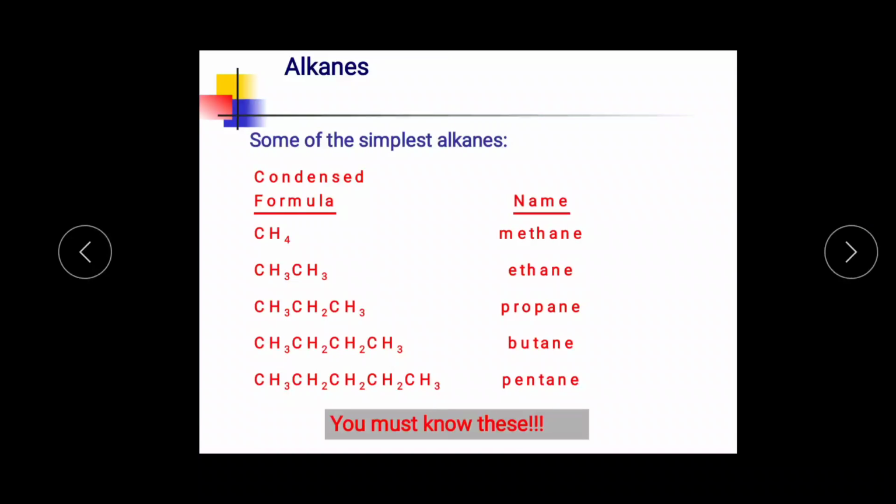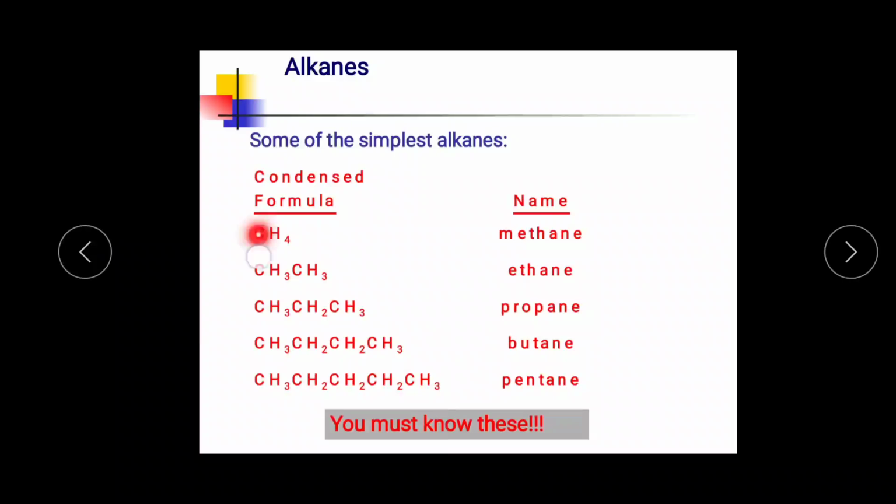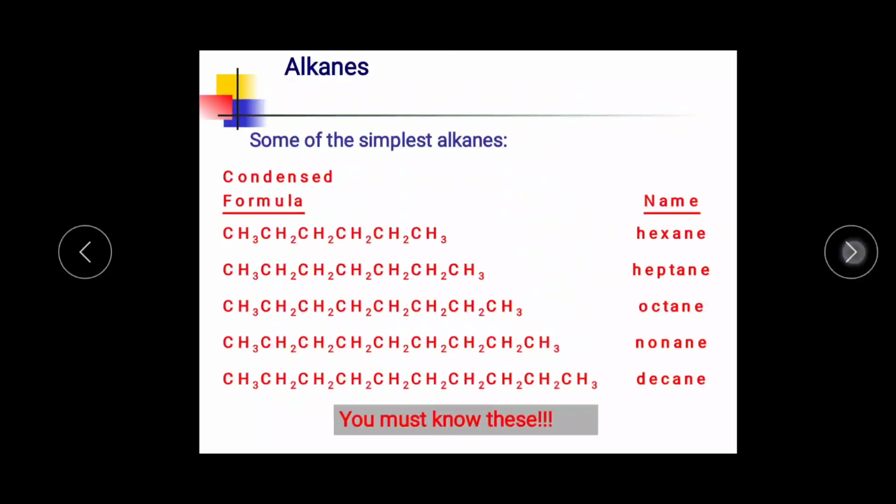Some of the simplest alkanes. CH4, that is methane. CH3CH3, ethane. CH3CH2CH3, propane. CH3CH2CH2CH3, that is butane. And CH3CH2CH2CH2CH3, that is pentane. 1 carbon, 2 carbons, 3 carbons, 4 carbons, 5 carbons.